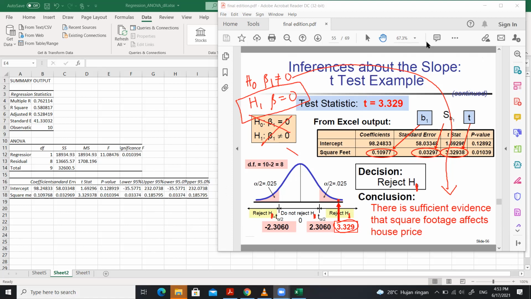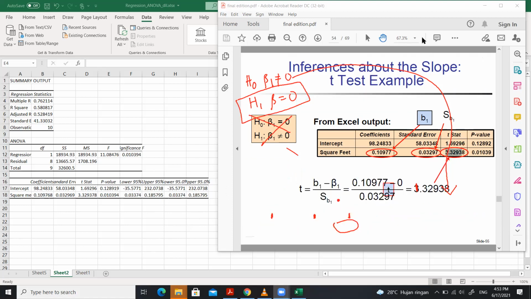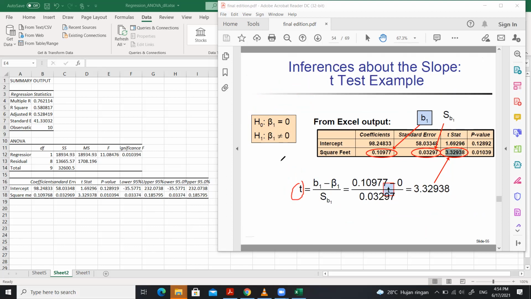Maybe I will show you a bit about this. You can see here, from this slide, this t-test is testing for H0 or H1? I'm asking.